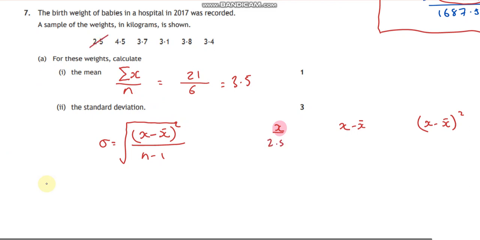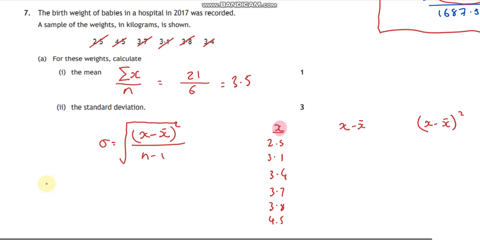So you don't have to do this. I think it's quite nice to do 3.1 and 3.4 and 3.7, 3.8 and 4.5. So I know that my x bar is the mean, that's 3.5. You don't have to write the sum every time.